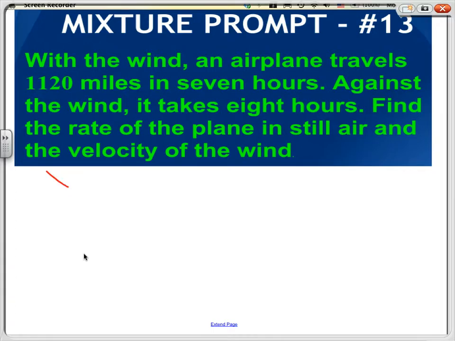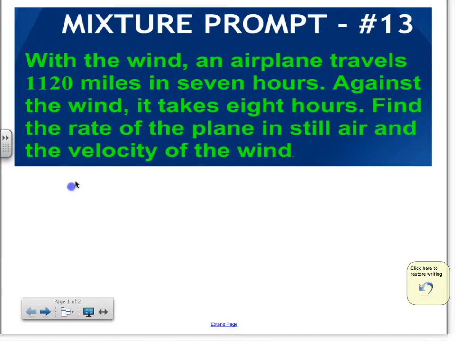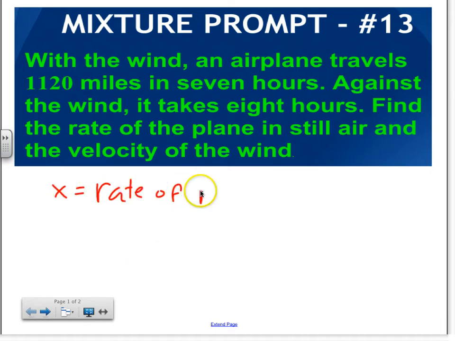Okay, let's declare. X is the rate of plane in still air.